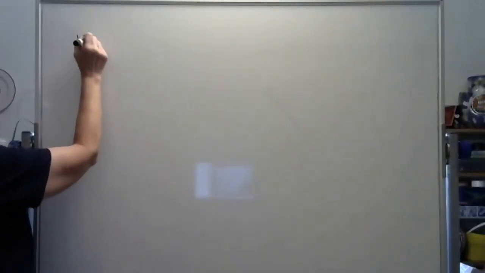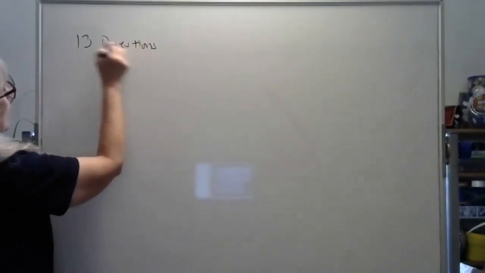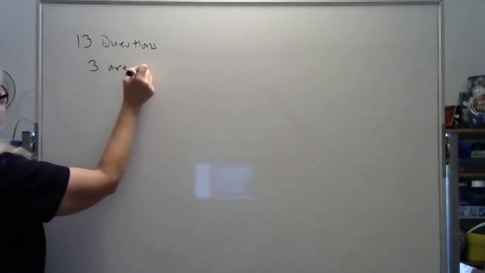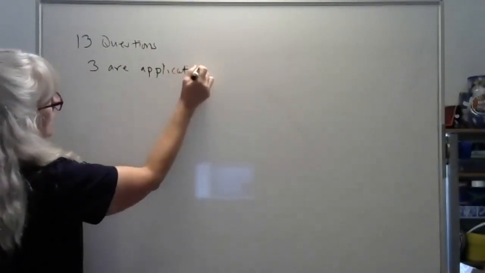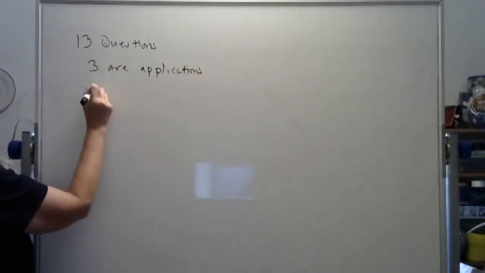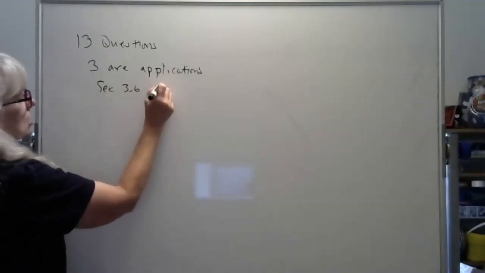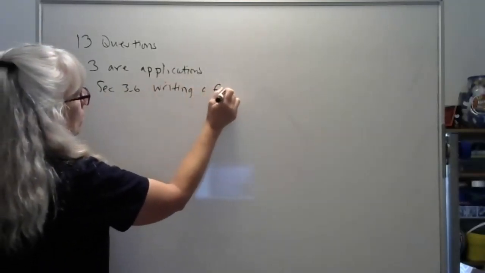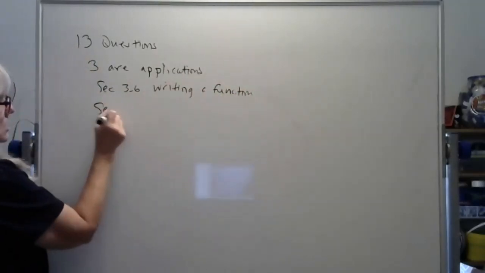We said that it's got 13 questions. I really want to comment that 3 of those are applications. That's what I really want to talk about. So you'll have one that's from section 3.6. We did one where you're writing a function. You'll have one from section 4.1.